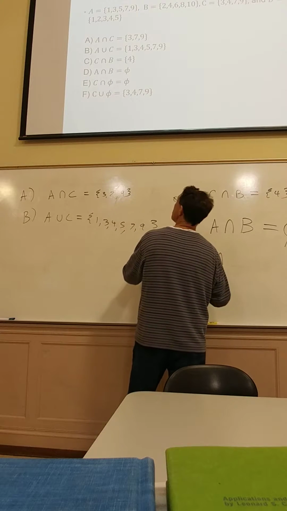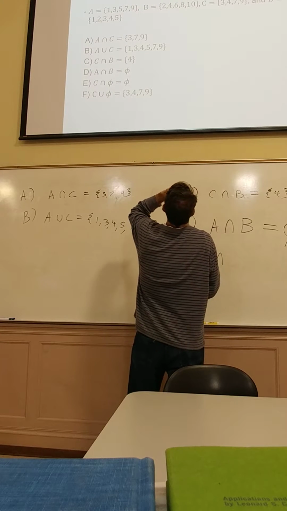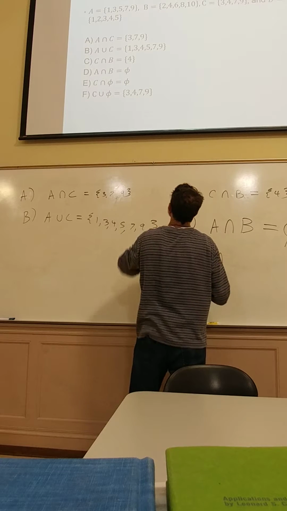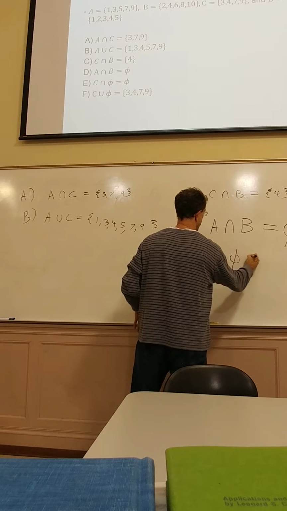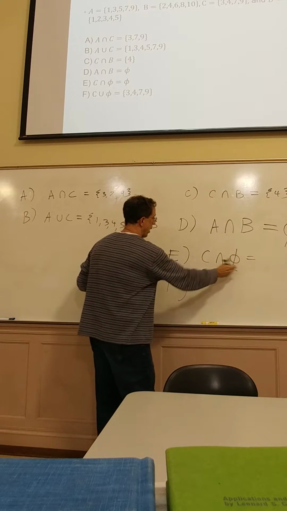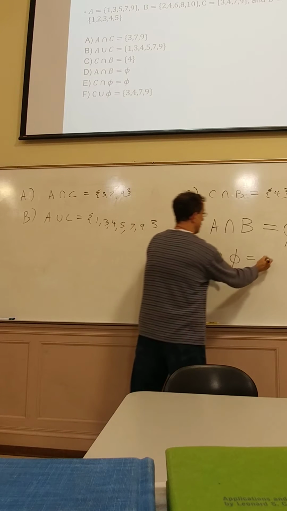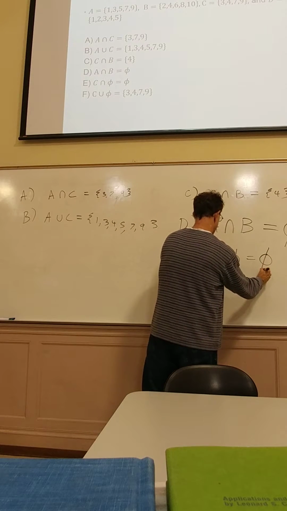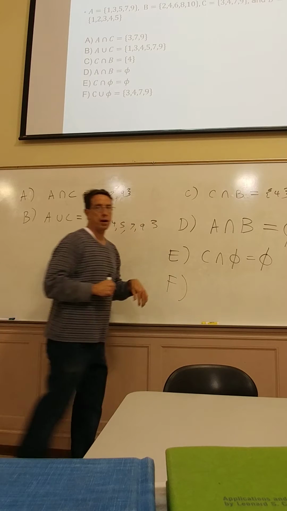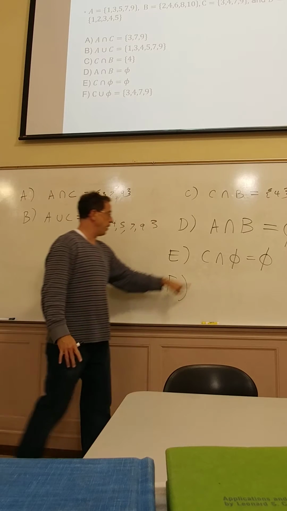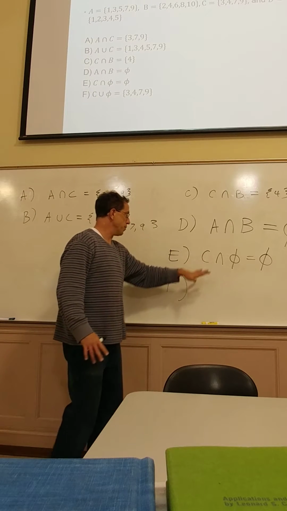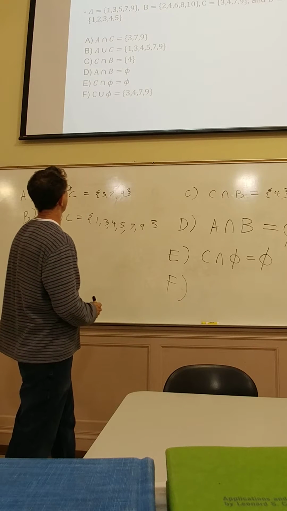If we take the set C, which is 3, 4, 7, 9, and intersect it with the empty set, well, there's no common elements because you're intersecting with the empty set, so the result is the empty set. Think about it. So actually this is true for any sets, and I'll write that down as a rule in just a second.